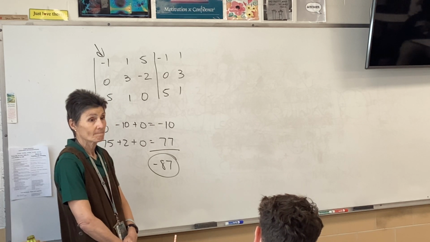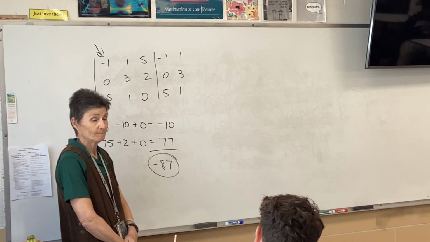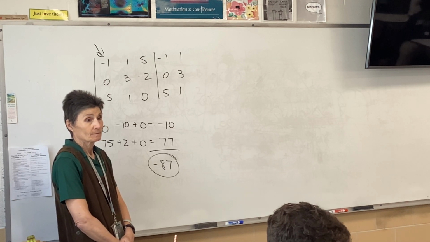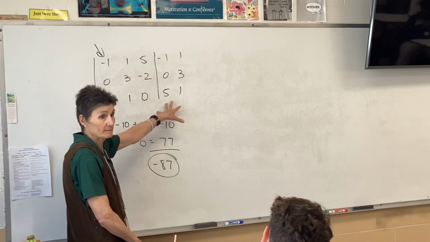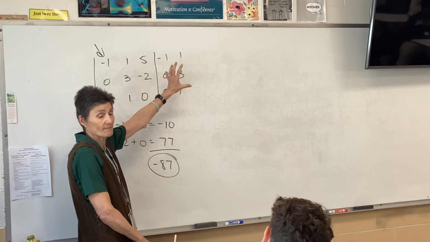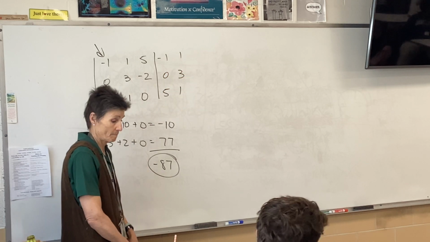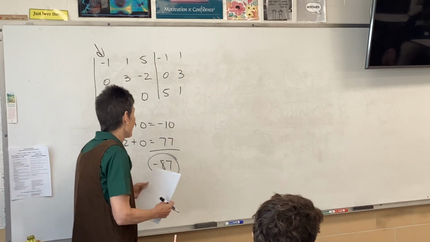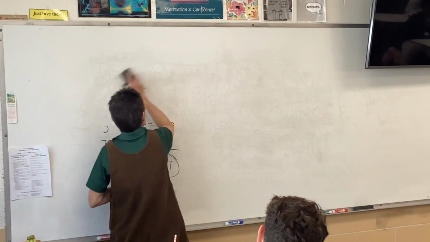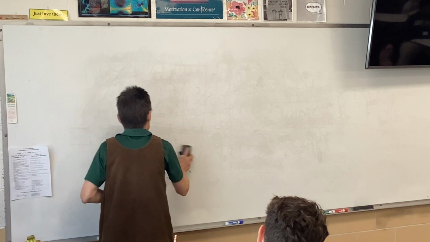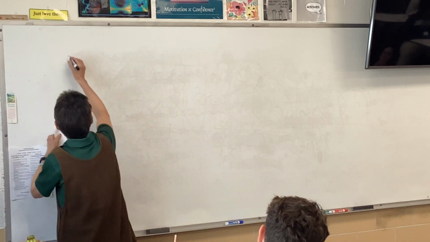Always. Because you went the wrong direction. Right, but it's supposed to be on the bottom. This is negative 10. This is 77. All right. Now, I need to erase this because this next one's going to take a ton of room.